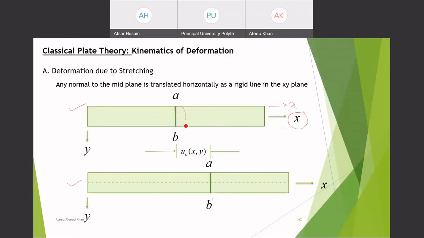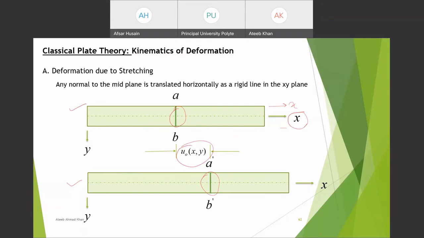It is the same, only because of the load in the positive X direction, it has stretched towards right. The magnitude of this displacement is u naught, which is dependent upon X and Y only. It is not dependent upon the Z coordinate.